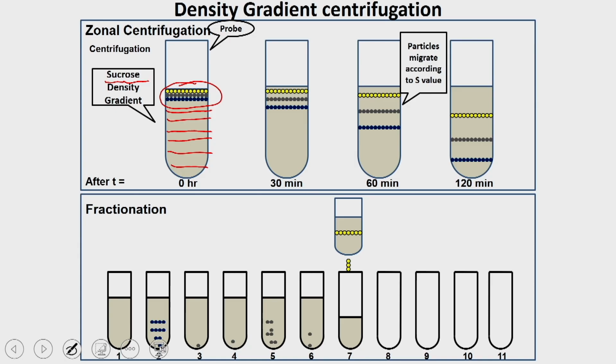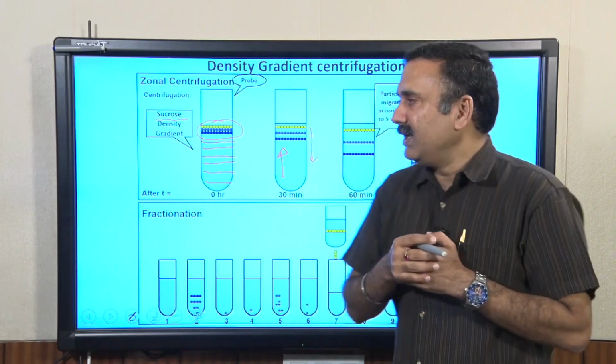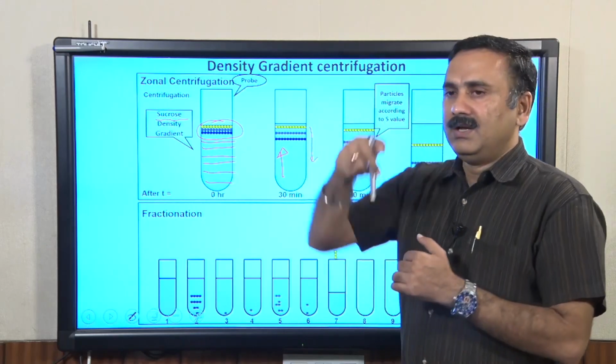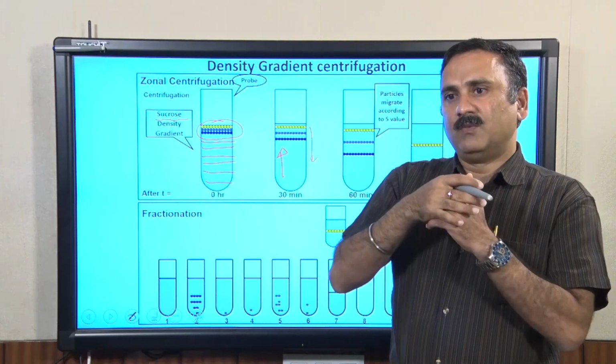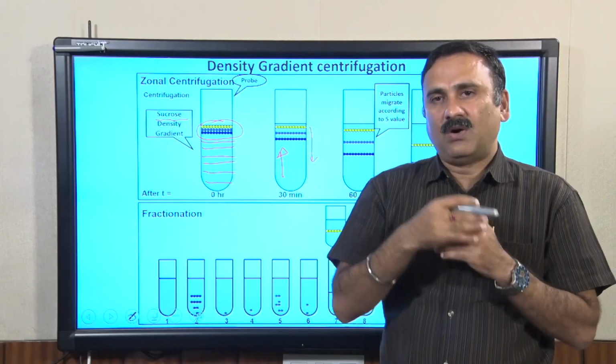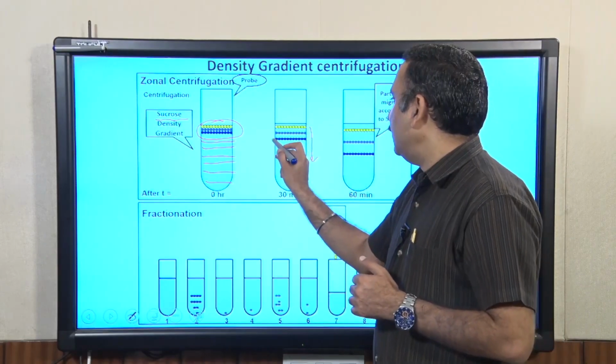Once you do the centrifugation, these beads will move through the liquid, and because this liquid contains media with different densities, it is going to create a friction or it will oppose the entry of these molecules, and the place where these molecules will stop is the place where the opposing forces as well as the centrifugation forces are going to be equalized, and that place is actually the place where the density of the media is going to match with your sample.